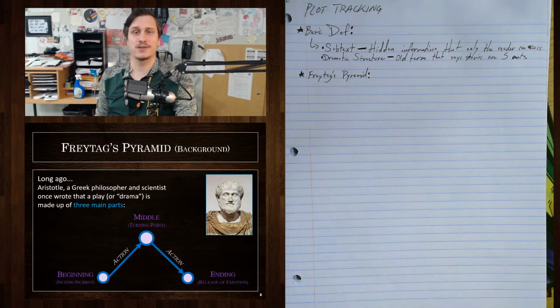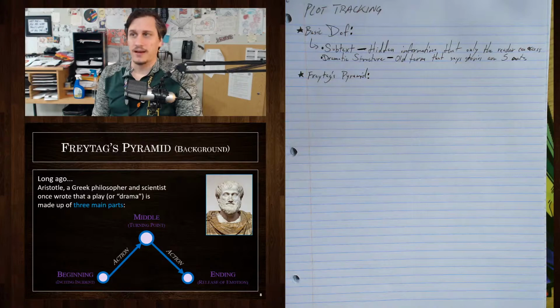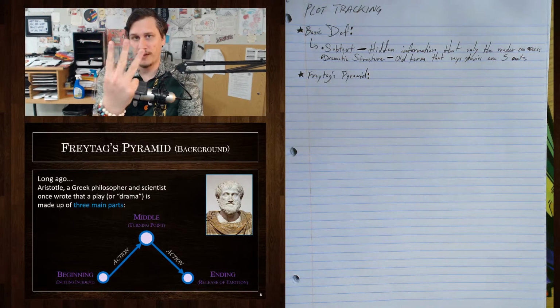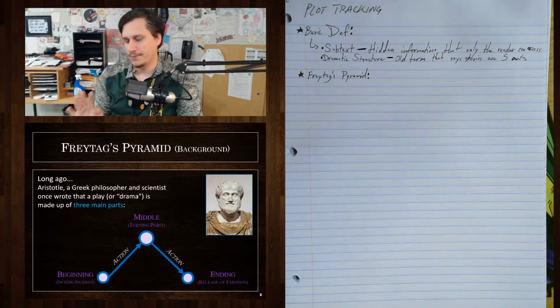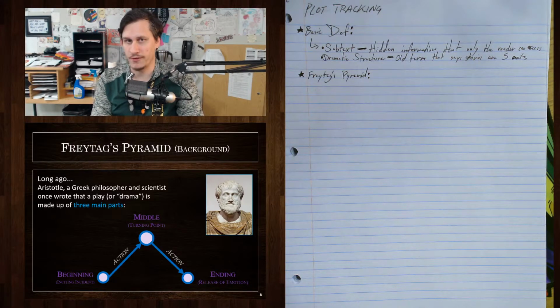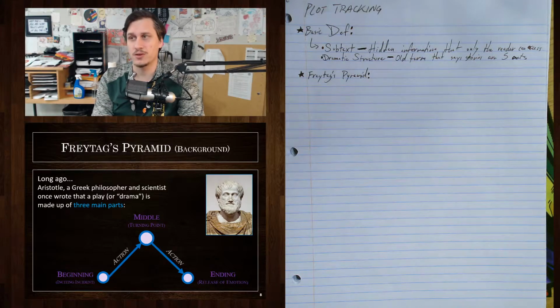Anyway, Aristotle, back in the day, said that stories all have 3 major parts. They have beginning, middle, and end. Okay? Think about it logically for a second. All stories have 3 parts, beginning, middle, end. Does that formula work with modern storytelling? Think about stories like Interstellar, Inception, Tenet, The Matrix.